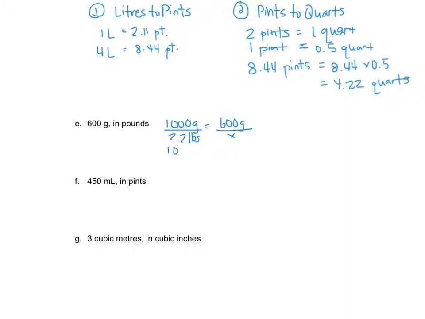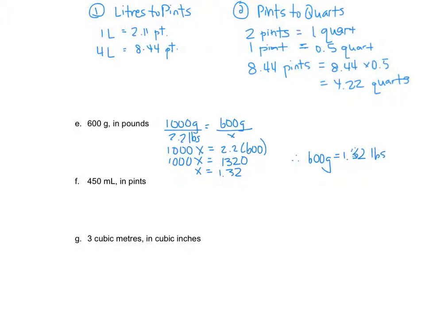Cross multiply, so 1,000x is the same as 2.2 times 600, and 2.2 times 600 is 1,320. Divide both sides by 1,000, so x is equal to 1.32. So 600 grams is the same as 1.32 pounds.